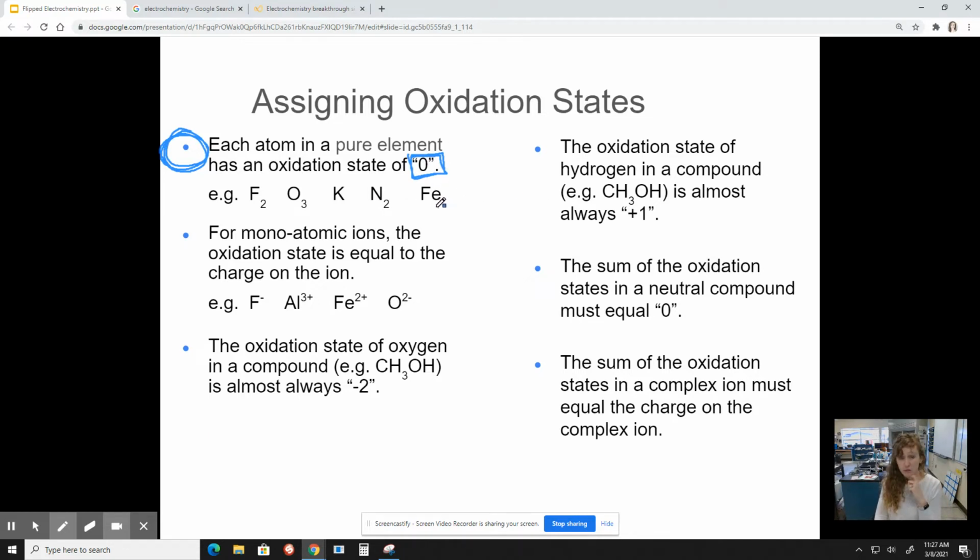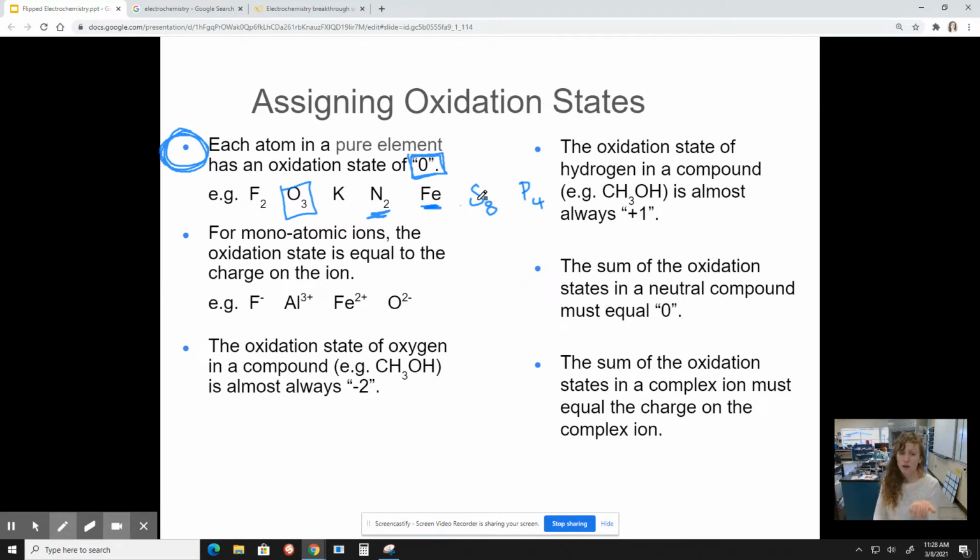This is true for any pure element, whether the element is monatomic, like iron, diatomic, like nitrogen, or something else like sulfur is S8, phosphorus is P4, ozone is O3. All of these are elemental states of these elements. And so each of the atoms inside of these elements are going to have an oxidation state of 0.